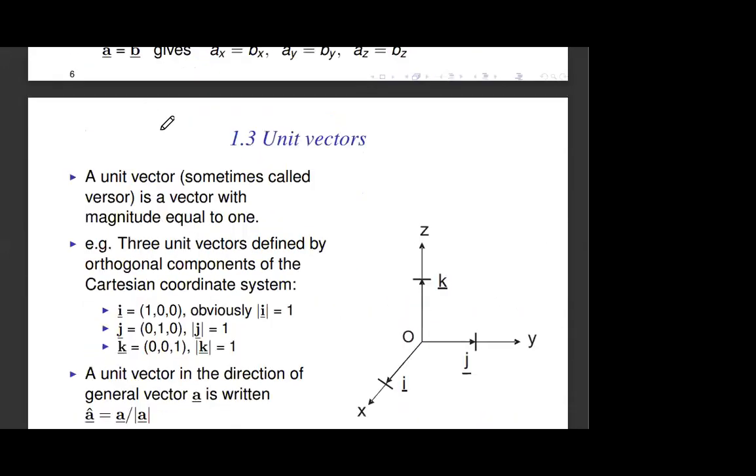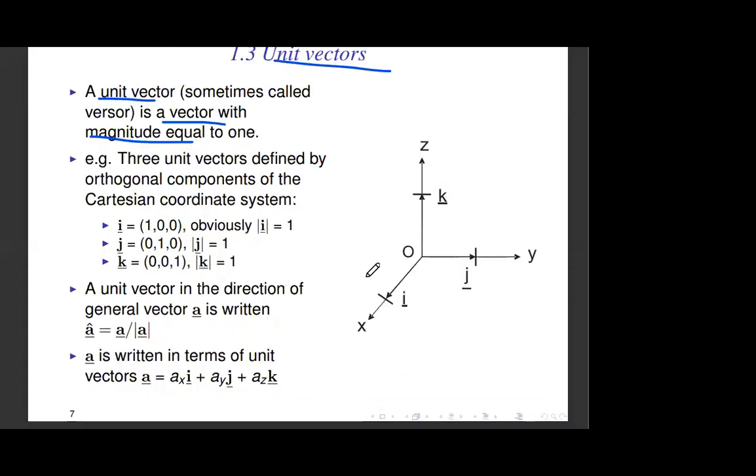We talked about unit vectors. A unit vector is a vector with magnitude equal to 1, right?